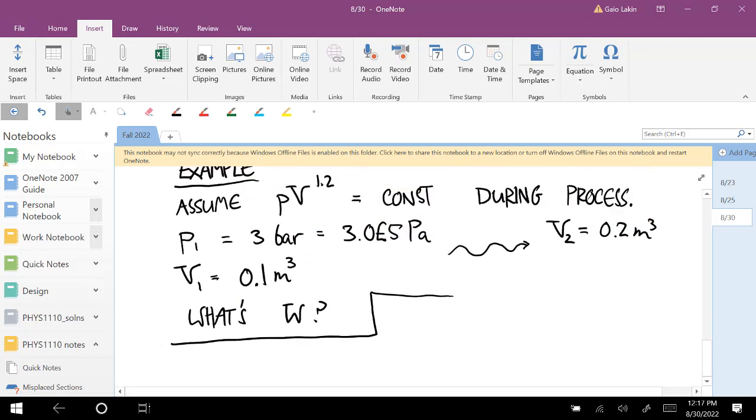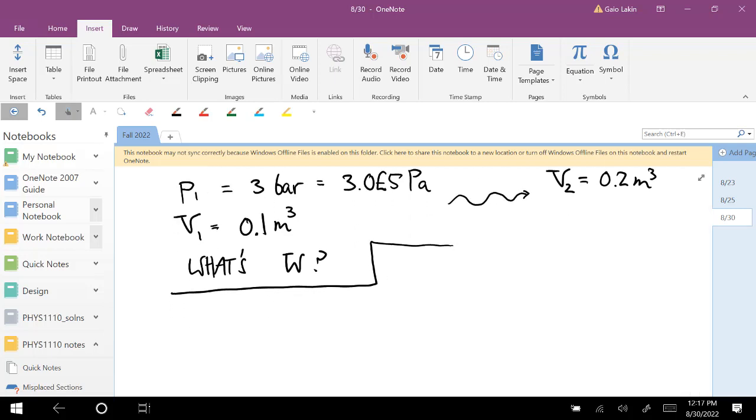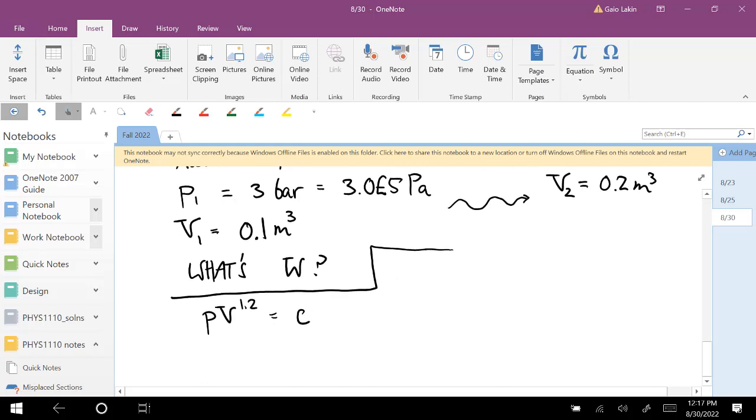All right, so the first thing we have to do is find that constant. So we have P V to the power of 1.2 is equal to C. We want to find that C. So plug in the values where we know P and V. So 3.0 times 10 to the 5th is P times 0.1 to the power of 1.2.